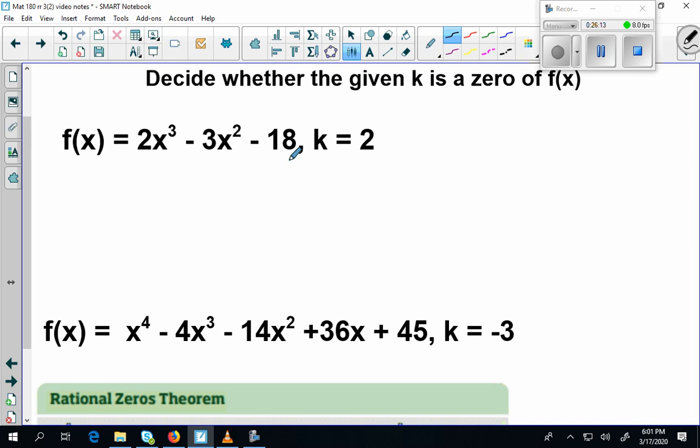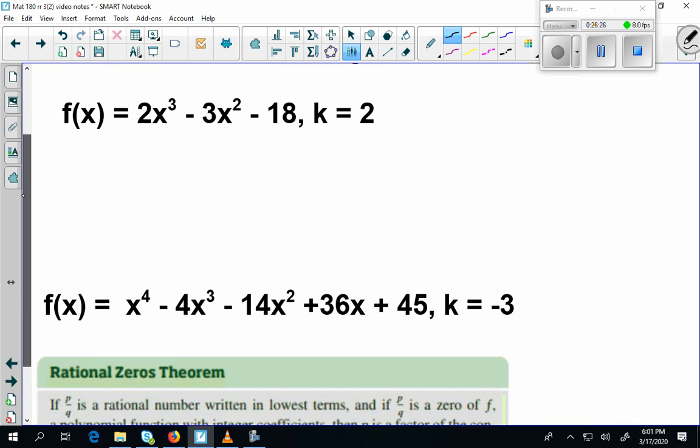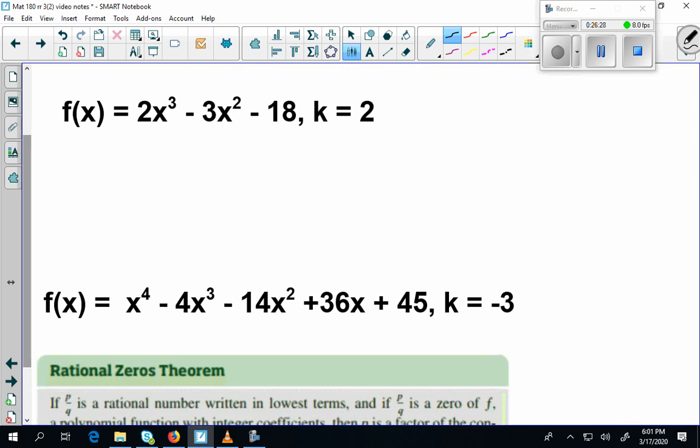So I want to know, is 2 a zero of this function? Well, I can just use synthetic division really quickly, and I can see if 2 is a zero of the function. And then I can see, does it fit that rational zeros thing we're talking about now? So we're going to leave 2 outside. Do I need any placeholders? 3, 2, 1.